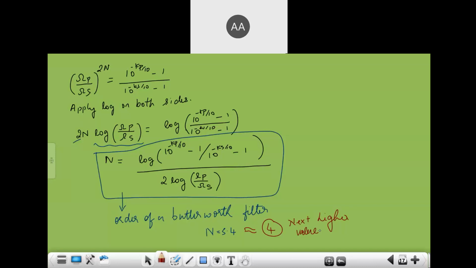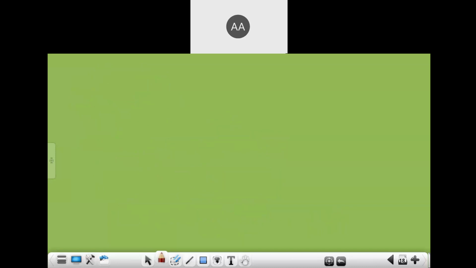So in the question, it will be mentioned. Okay. What will be mentioned? They may mention that you want to meet the passband requirements. So if they're asking you to find out or meet the passband requirements, you see we had got an expression intermediately for omega c.